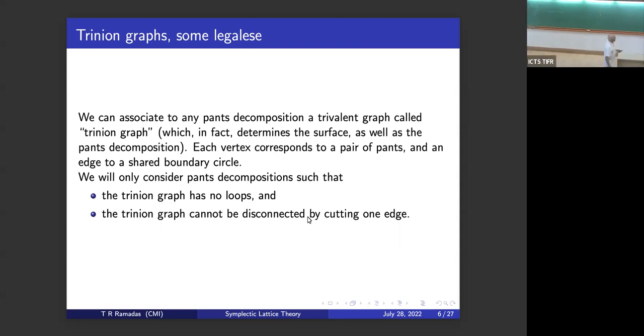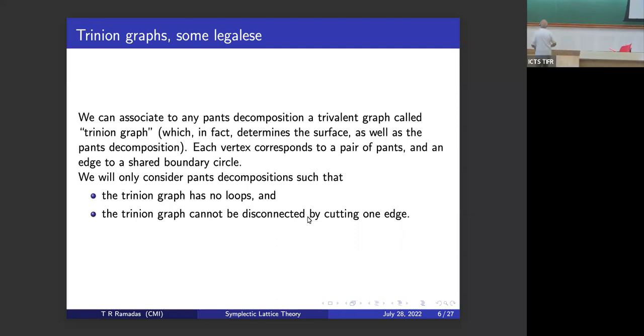So we will only consider pants decompositions such that the trinion graph has no loops, meaning an edge going from a vertex to itself, and such that it cannot be disconnected by cutting one edge.